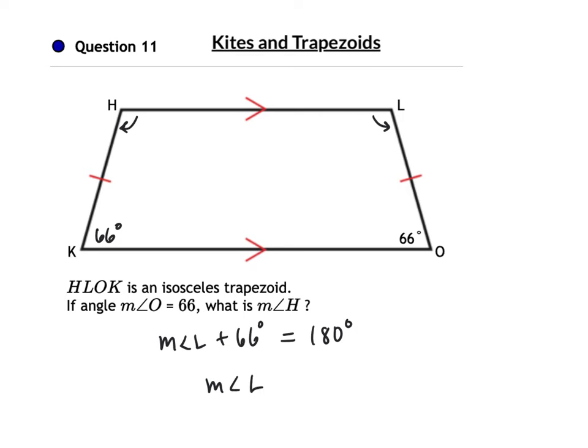To find L, then, we subtract 66 degrees from each side. 180 minus 66 is 114 degrees. Because this is an isosceles trapezoid, the base angles are congruent, and both angle L and angle H are 114 degrees.